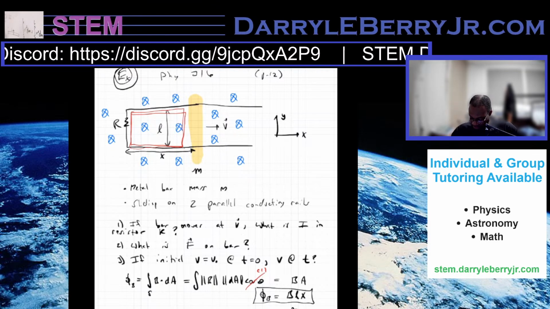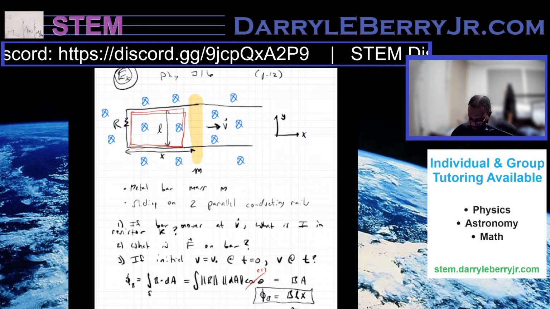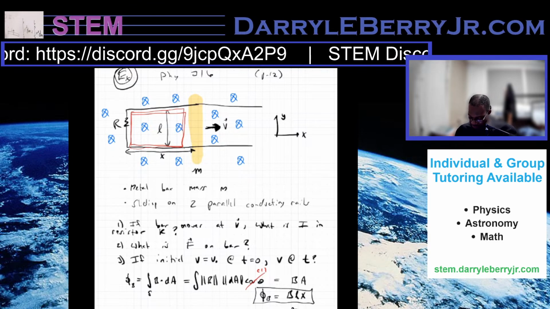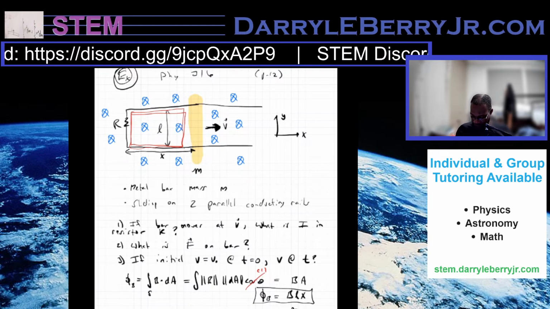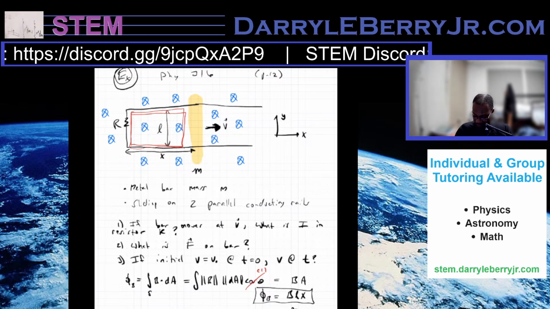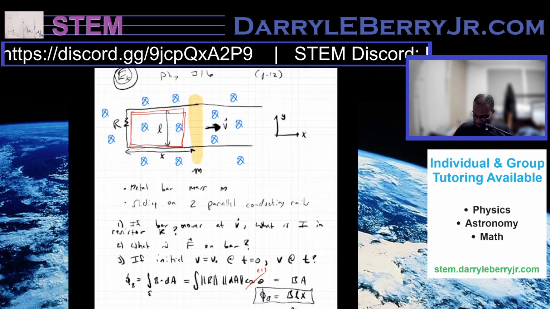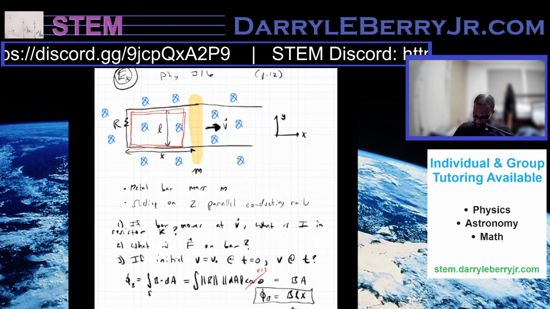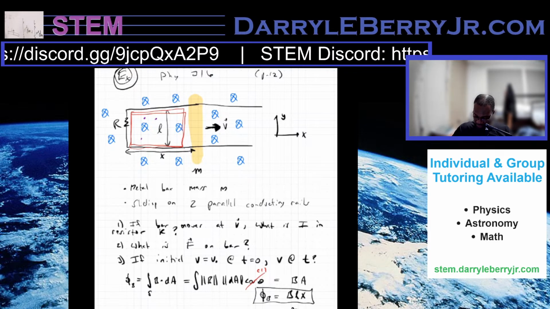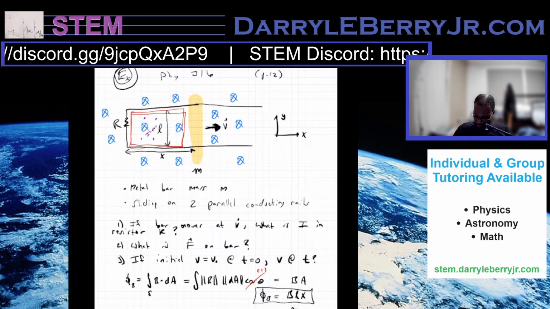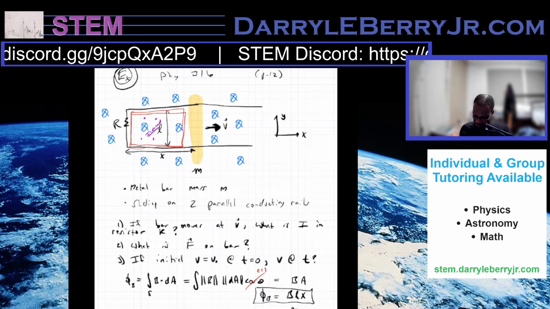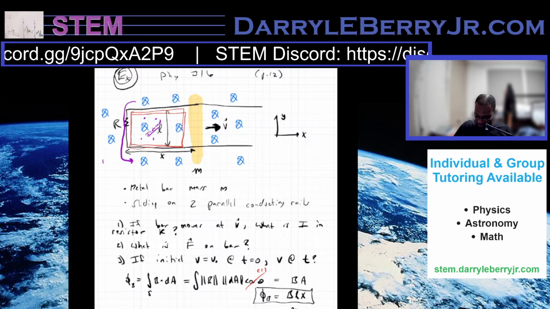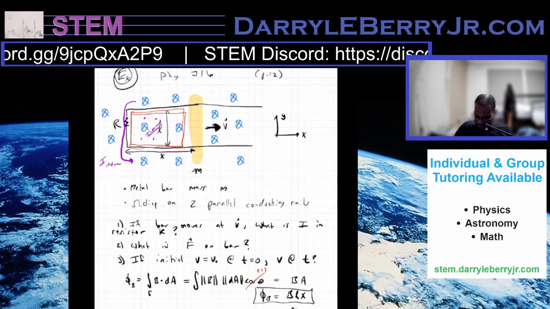Since the bar is moving this way, which is increasing the flux in the red box, which is enlarging, the flux is increasing downward. So the induced magnetic field is going to want to come out of the page to counter that. That means that the induced current must be going this way.